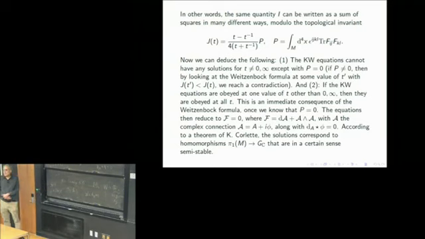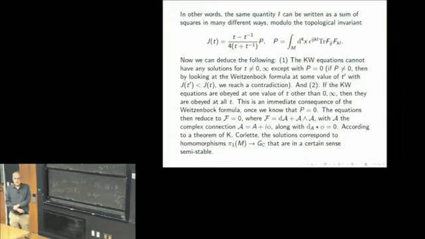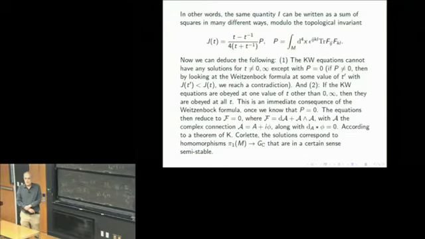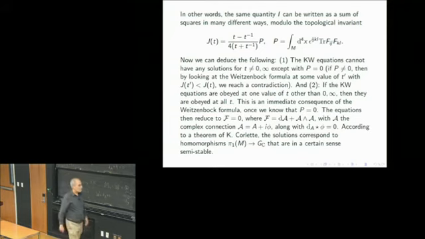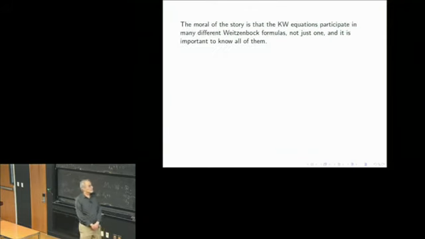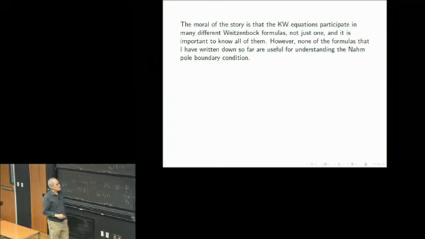So we were able to completely describe the solutions on a four manifold without boundary using one of the nice properties of this particular equation, which is that it has a whole family of Weitzenbock formulas. So the moral of the story is that the equations participate in many different Weitzenbock formulas, not just one, and it's important to know all of them.